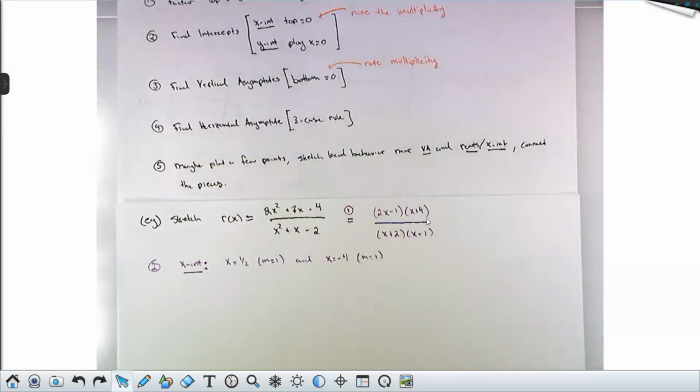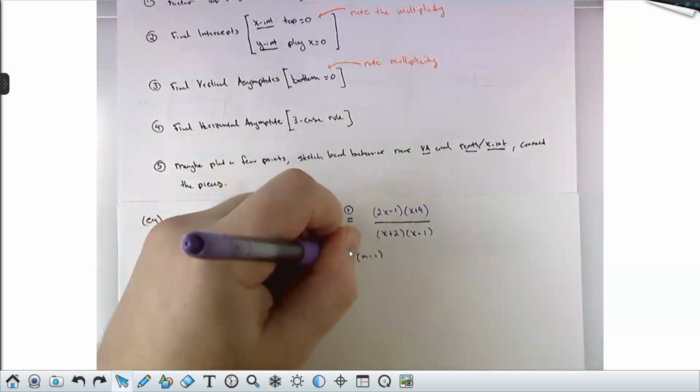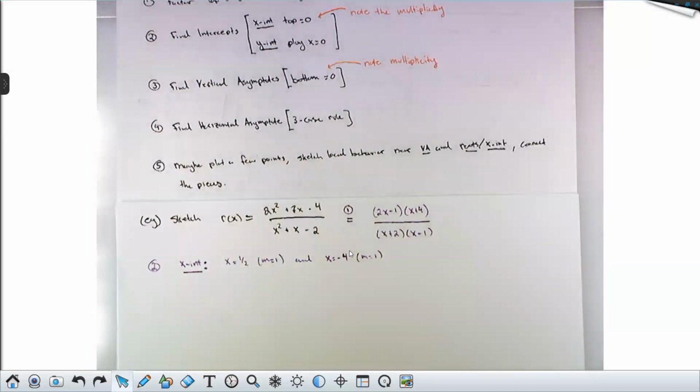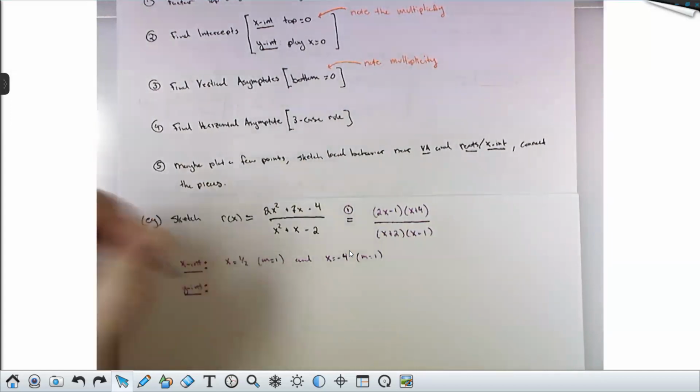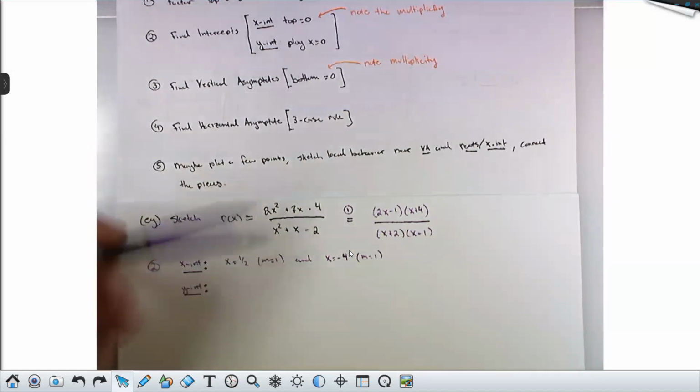So those are my two x-intercepts, and because they're both coming from multiplicity 1 factors, the graph is going to cross over the x-axis at those, not balance. My y-intercept, I find this by plugging in x equals 0, and I think it's easier to do that in this original form.